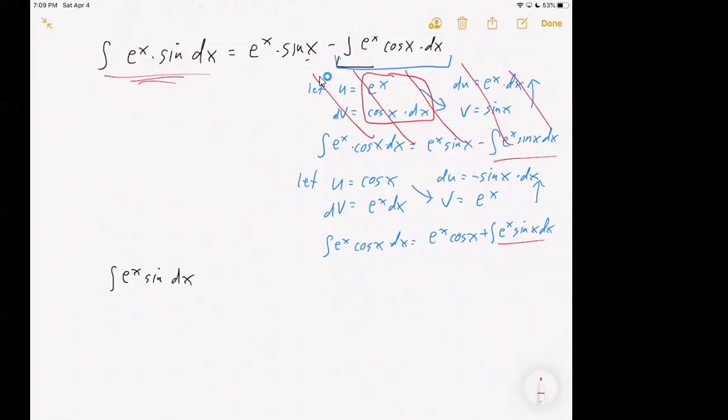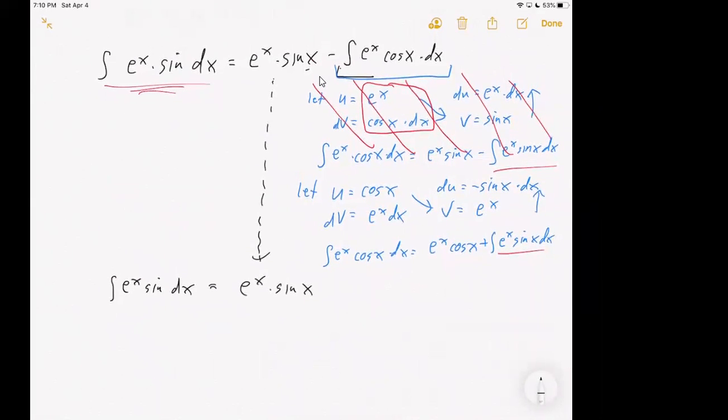Okay, but the dx. Now let's distribute that negative sign.